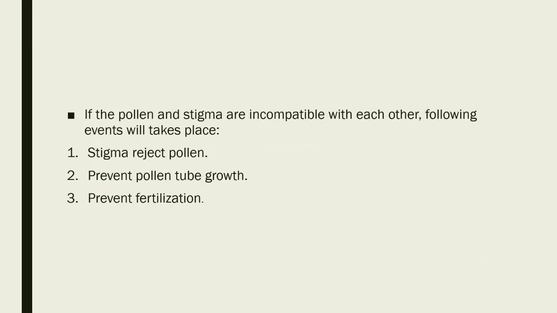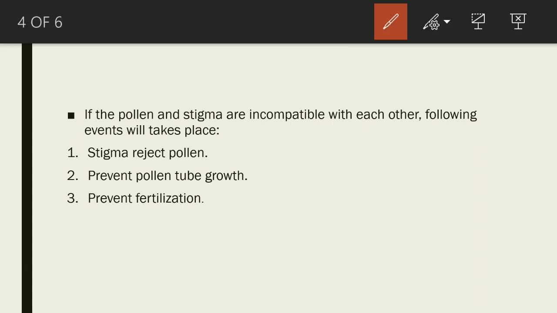But when the pollen and stigma are incompatible with each other, the stigma rejects the pollens, and when the stigma rejects pollens, the pollen tube formation does not take place and it prevents fertilization.